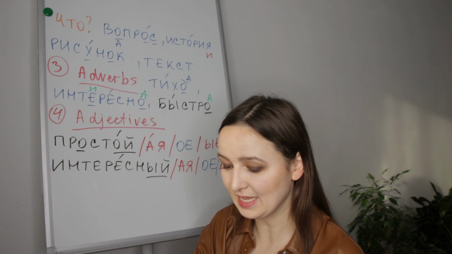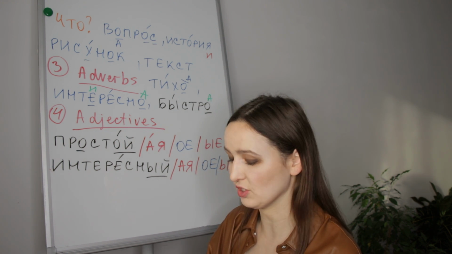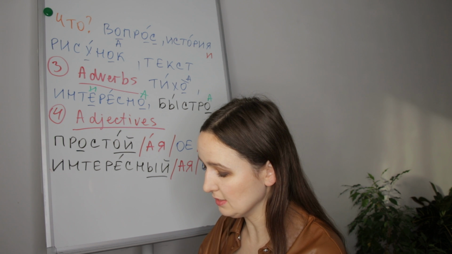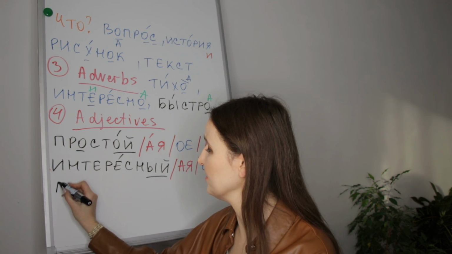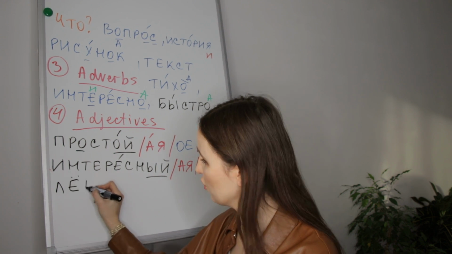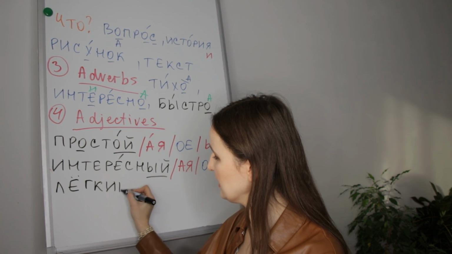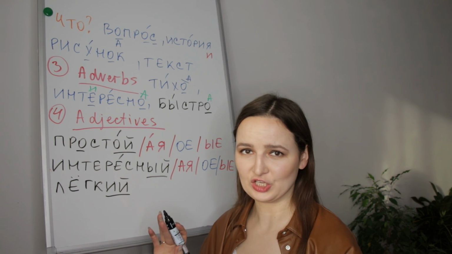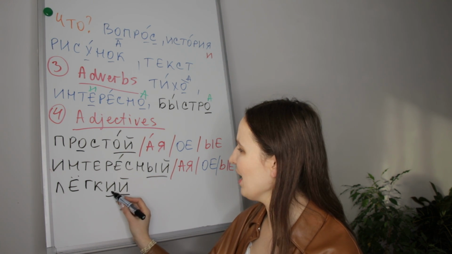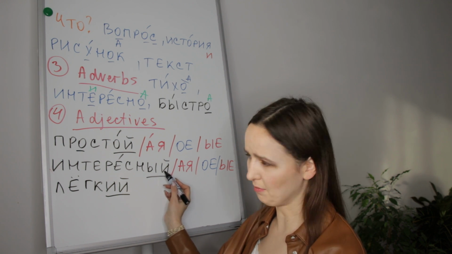Хорошо. И последнее прилагательное, the last adjective for today is легкий, easy. Here the ending is ий and it's masculine. Why do we have и here, not ой, for example?